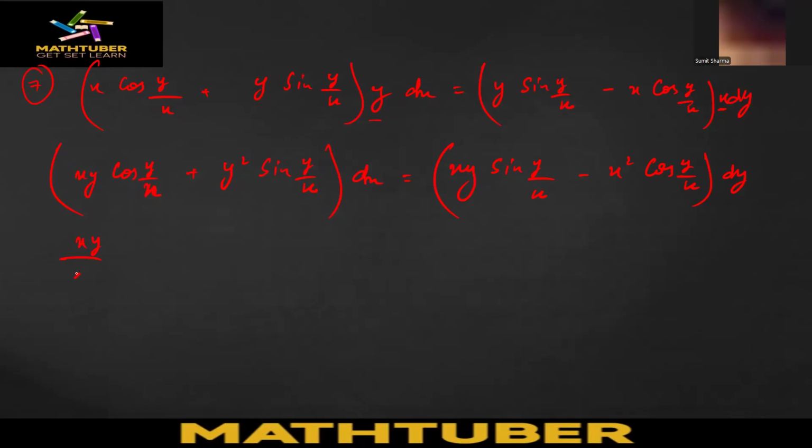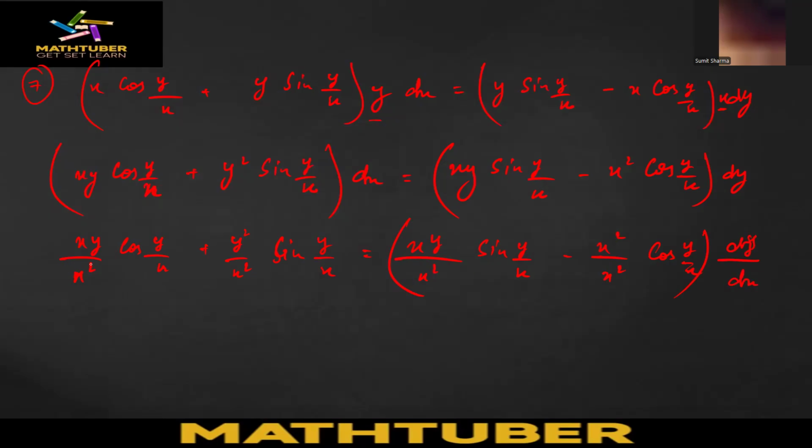So xy upon x square. And also we will divide the whole term by dx also to remove this dx from here and convert it into dy by dx. So you'll get cos y by x plus y square upon x square sin y by x is equal to xy upon x square sin y by x minus x square upon x square cos y by x into dy by dx.